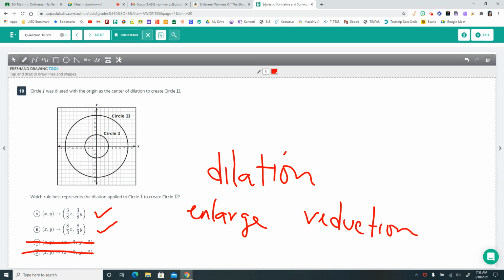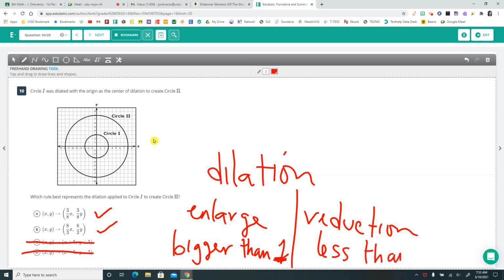Okay, so if it's an enlargement, you need to choose a number bigger than 1. If it's a reduction, it's a number less than 1. Okay, so what happened? It went from circle 1 to circle 2. Was there an enlargement or reduction? And then you just choose the best answer.